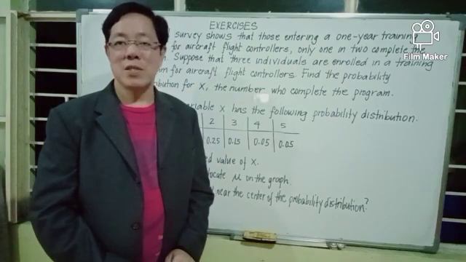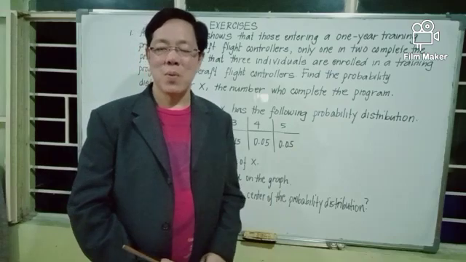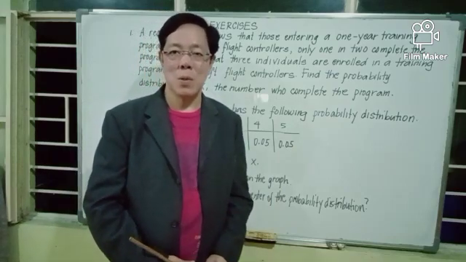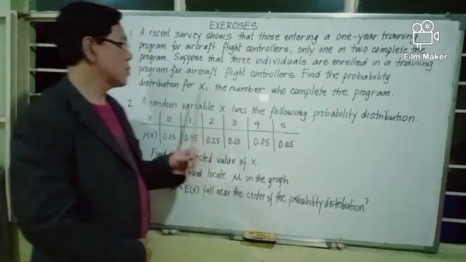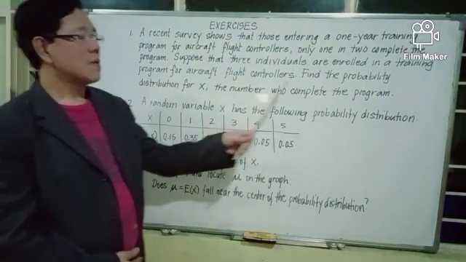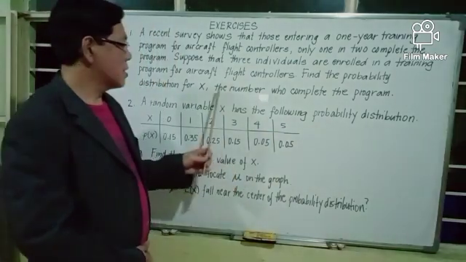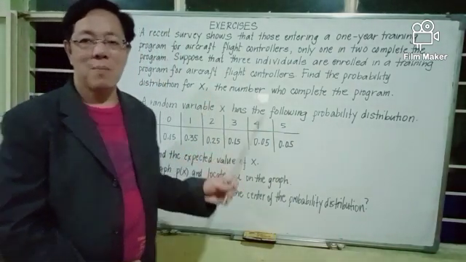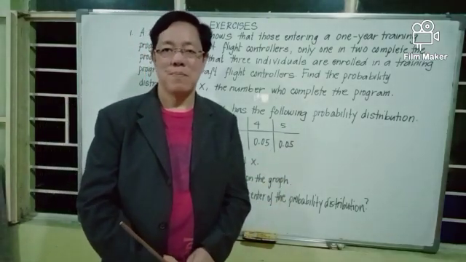Suppose that there are 3 individuals who enroll in this 1-year training program for aircraft flight controllers. You are asked to find the probability distribution for the discrete random variable x, the number of individuals who complete the 1-year program.